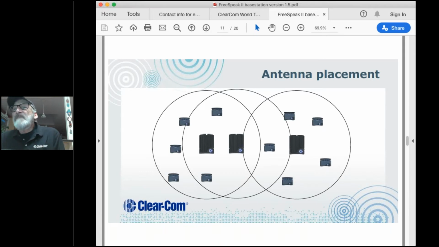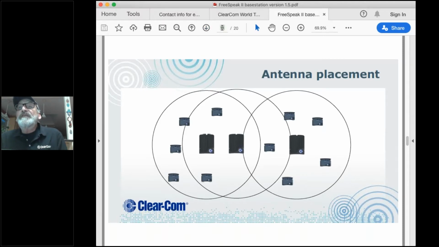The radius under ideal conditions should be, I know it in feet, I don't know it in meters, 700 or 800 feet from that transceiver. Obviously, ideal conditions rarely exist. The architecture of your building is obviously going to affect the propagation of the signals.